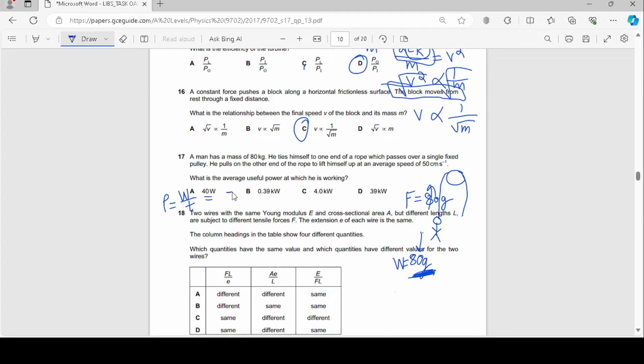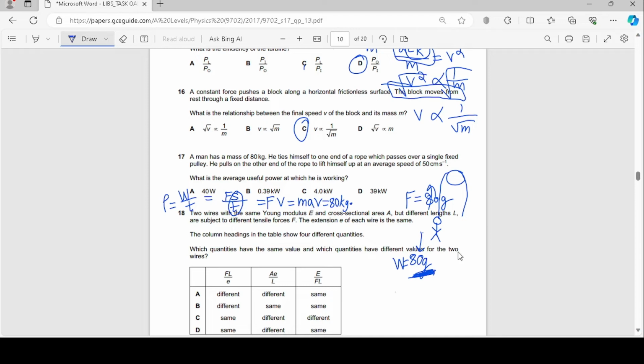Work done we can write as force times the displacement in the direction of the force, divided by time. And displacement over time we can rewrite as force times velocity. So now we know the force because that's mass times acceleration. So we have mav as the formula for power, because the mass is 80 kilograms. Then we know his acceleration.